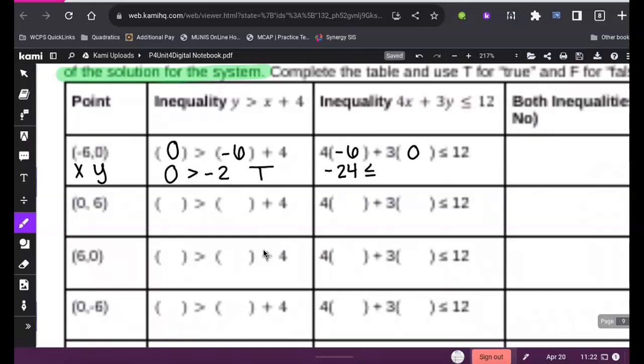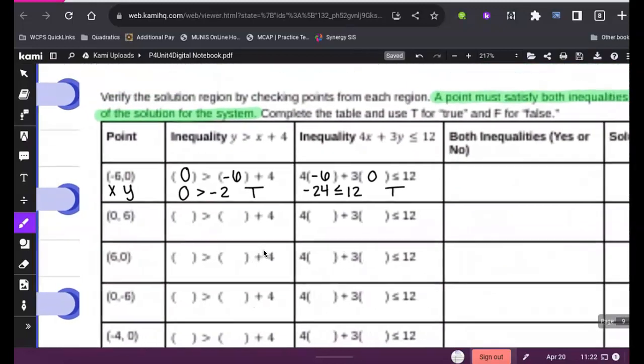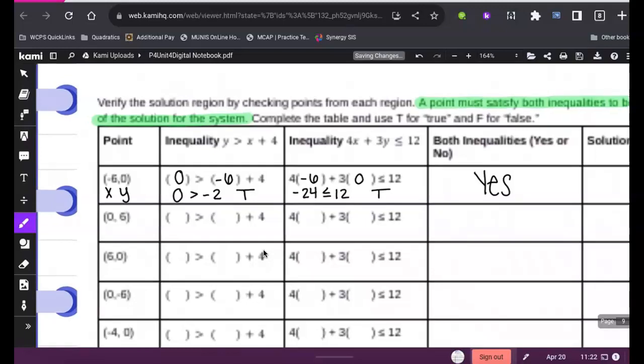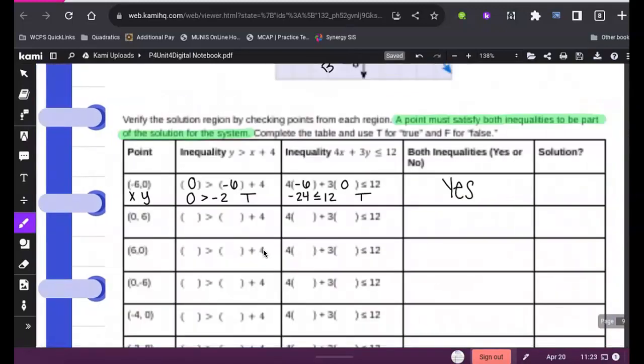And that is less than or equal to 12, which is also true. So if it's true for both inequalities, we're going to say yes, it is a solution. That's the thing: if it satisfies only one of the inequalities, it's not going to be a solution.